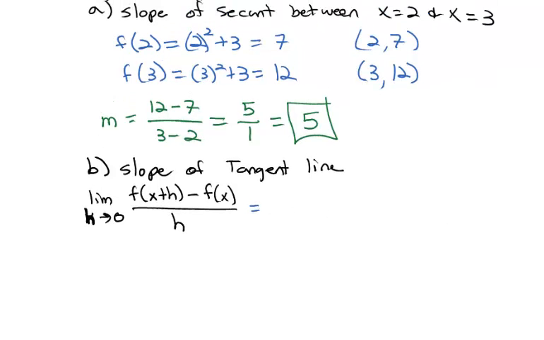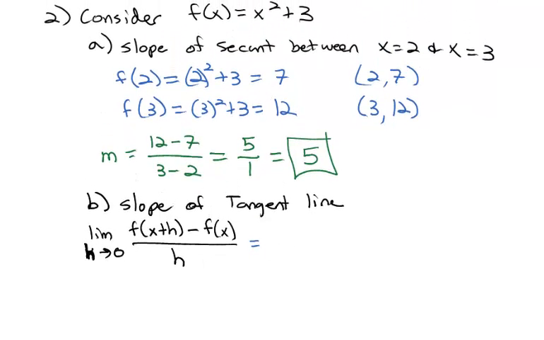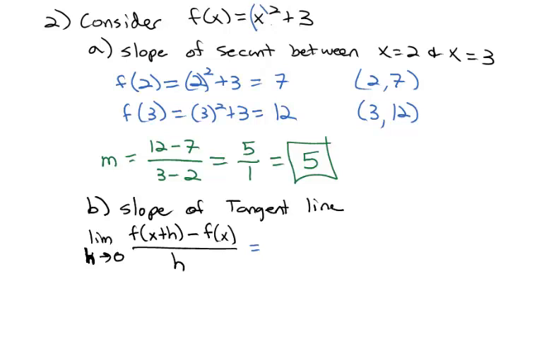Whoops, scrolled too far, lost the function. So the function is stuff squared plus 3. First we're going to plug x plus h in for the stuff. X plus h squared plus 3 minus the entire function in parentheses x squared plus 3 all over h.